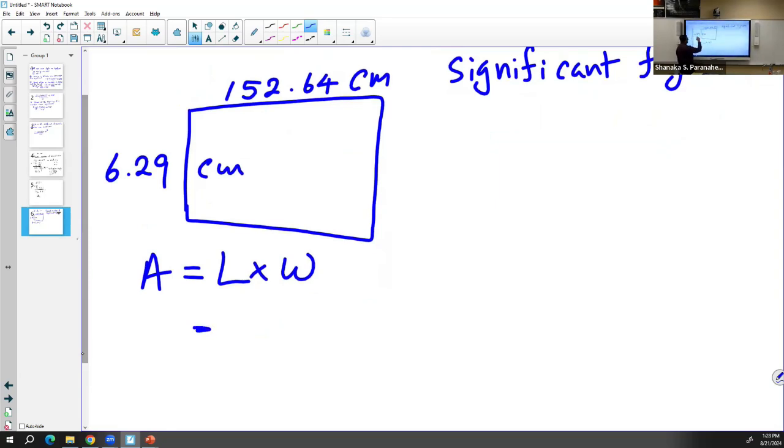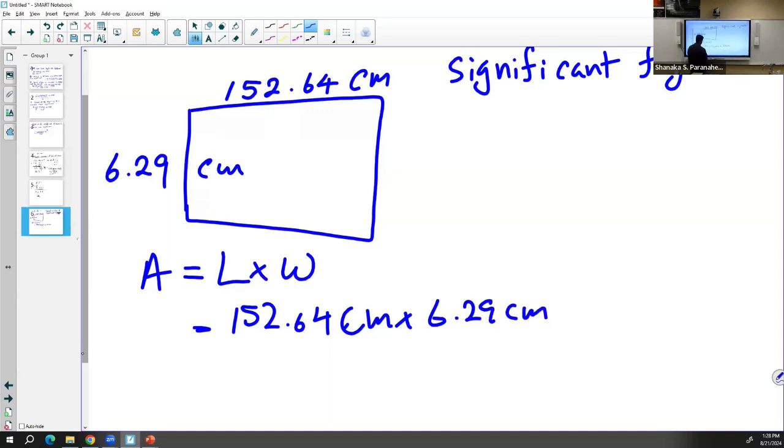Now we are going to use these two measured values, length and width. It's going to be 152.64 times 6.29 centimeters.